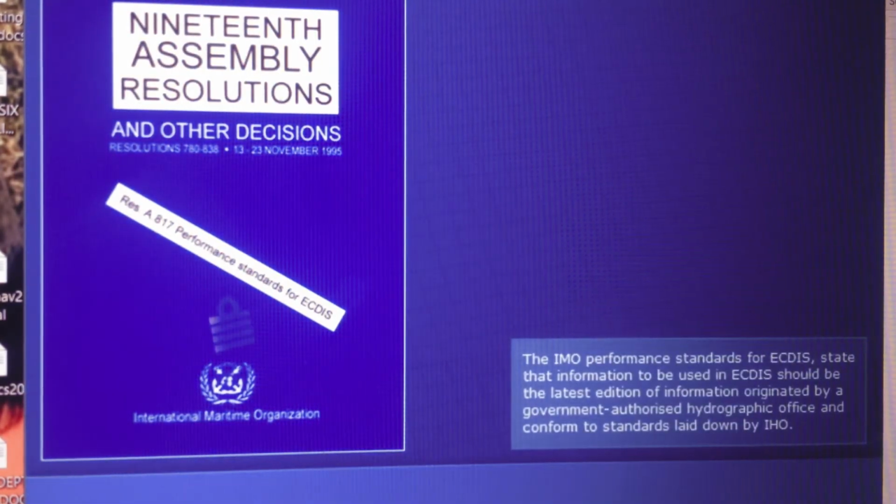The IMO performance standards for ECDB state that information to be used in ECDB should be the latest edition of information originated by a government-authorised hydrographic office and conform to standards laid down by IHO.